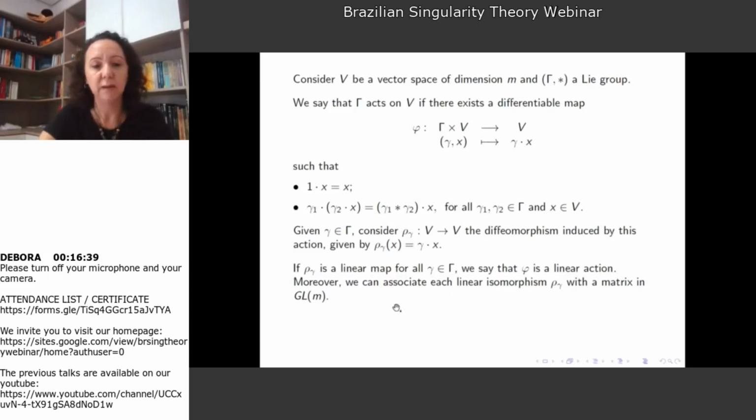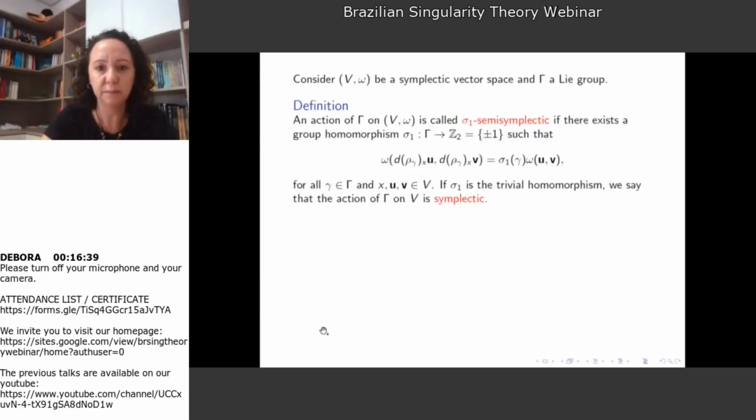If rho gamma is a linear map, the action is linear, and for each linear isomorphism we associate an invertible matrix in GL(n).